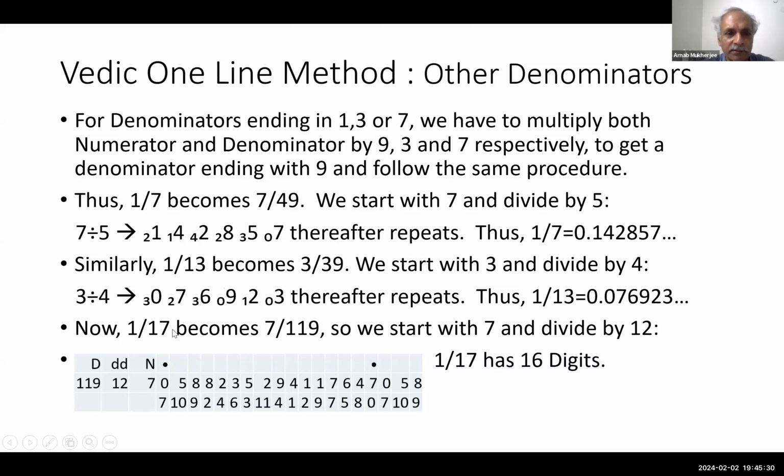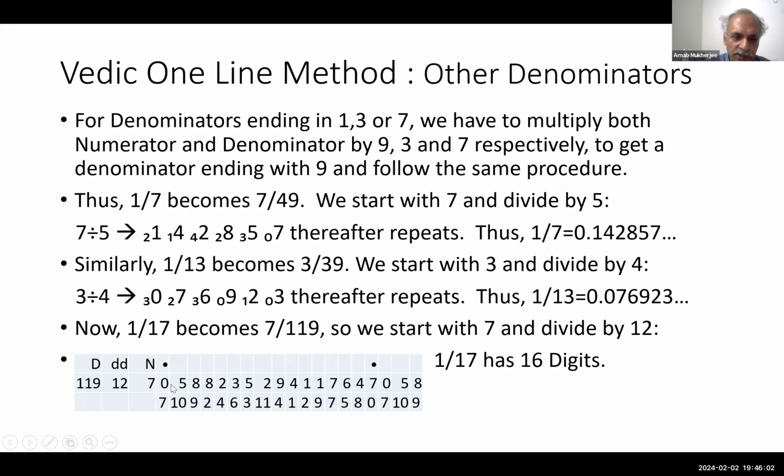Now 1 by 17. 1 by 17 is 7 by 119. And 7 divided by 12. Ekadhikena Purvena: Purvena is 11, 11 plus 1 is 12. So you have to do it like I did it in Excel. 7 by 1 is 7 divided by 12.